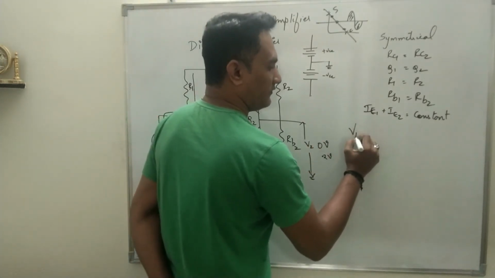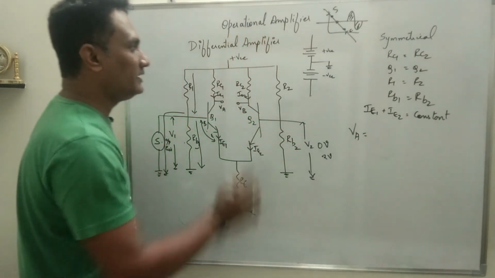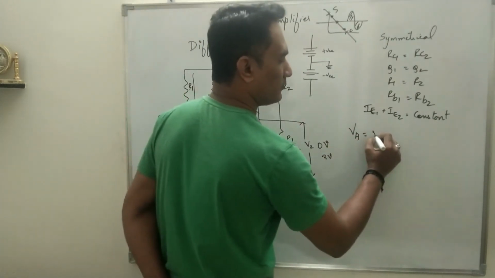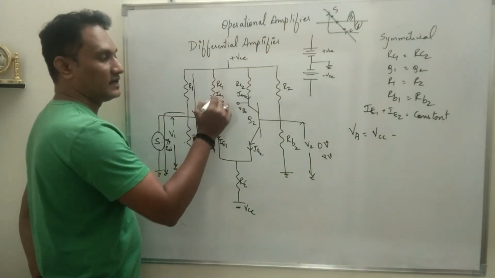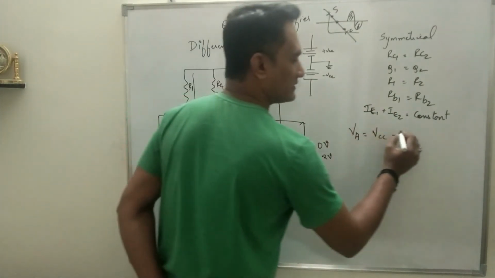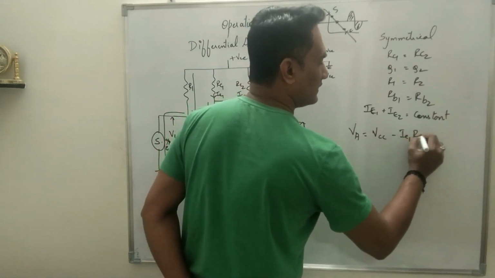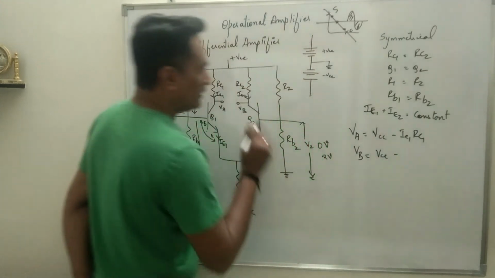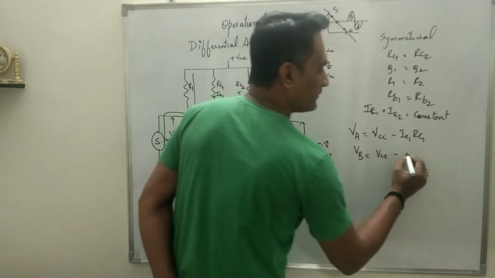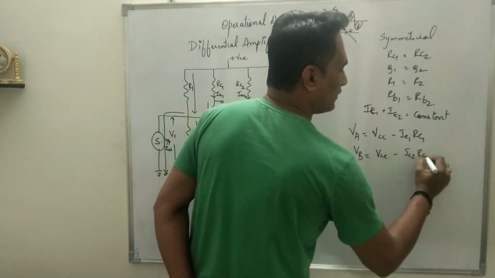So the formula for VA will be the total voltage plus VCC minus IC1 into RC1. Similarly, VB will be plus VCC minus IC2 into RC2.